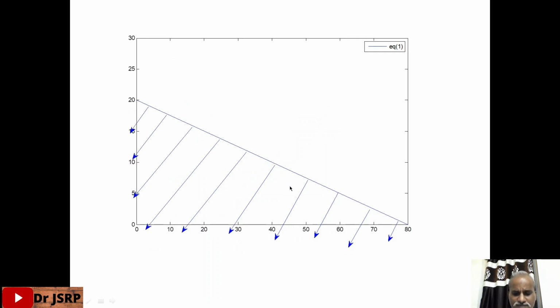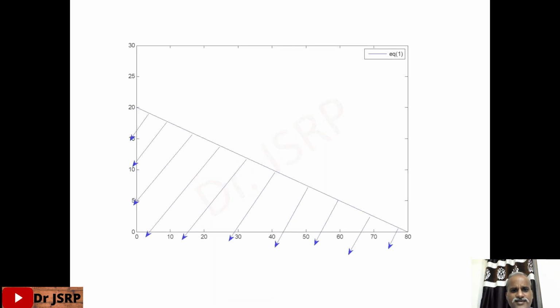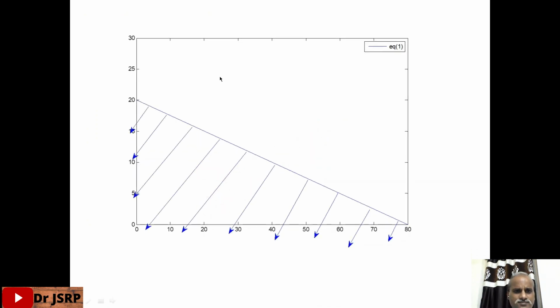Now apply the inequality. The first constraint is of less than or equal type. How do you identify the region? This line divides the graph into two parts, one part towards the origin and the other away from the origin.